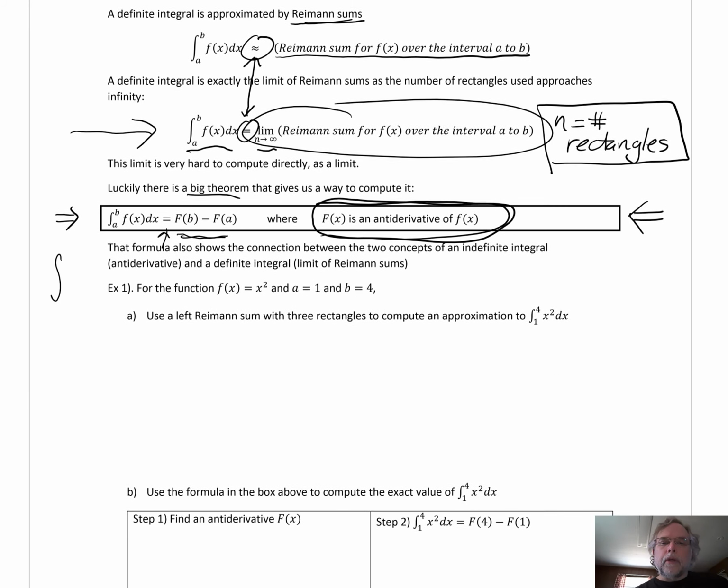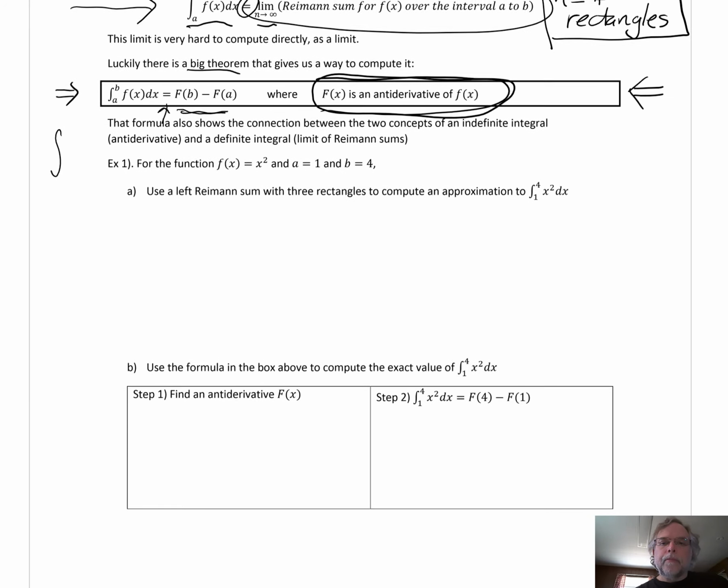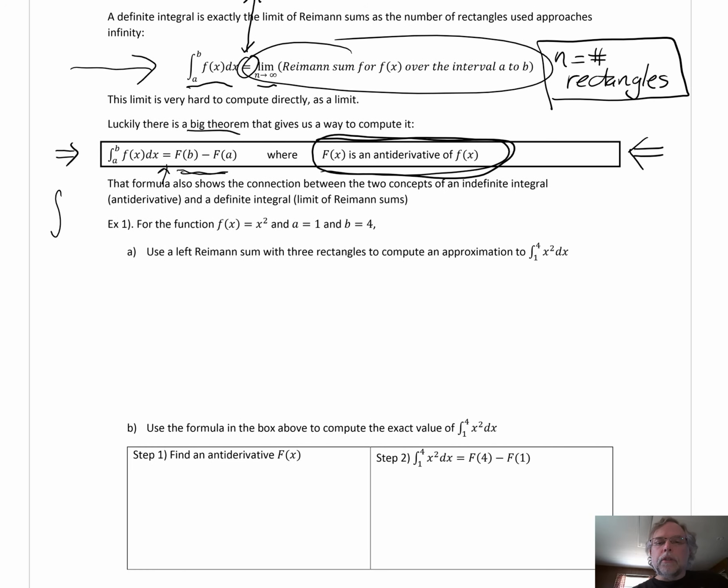The exact value of the definite integral, the limit, is also equal to this difference, where we use the antiderivative or the indefinite integral to calculate this difference. We plug the numbers b and a into the antiderivative, and that's how we can evaluate the definite integral without directly calculating the limit, which is a huge labor-saving thing.